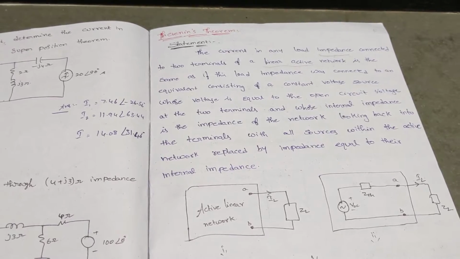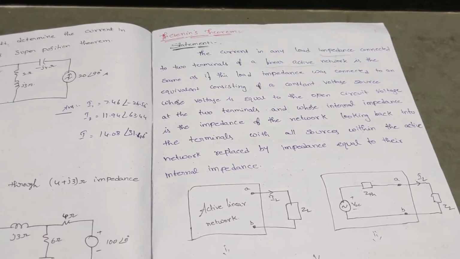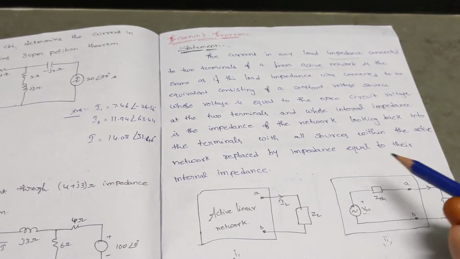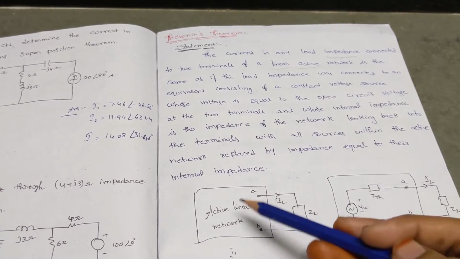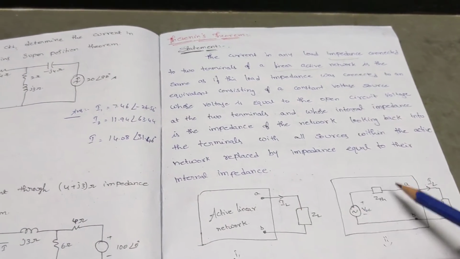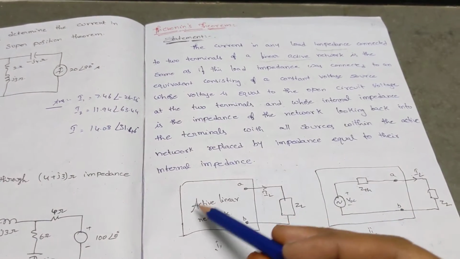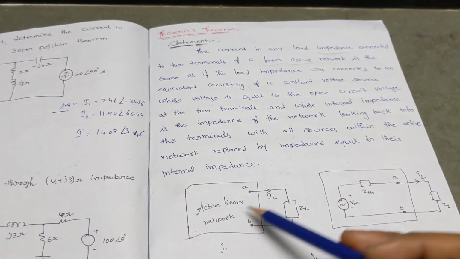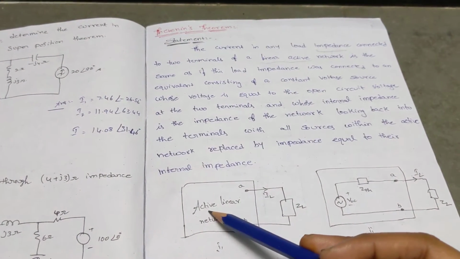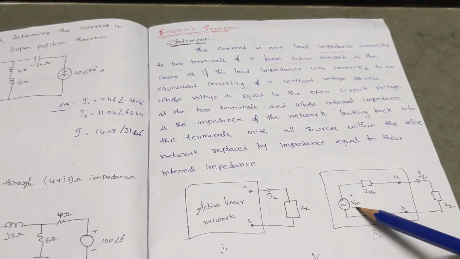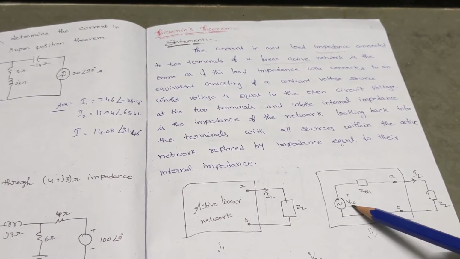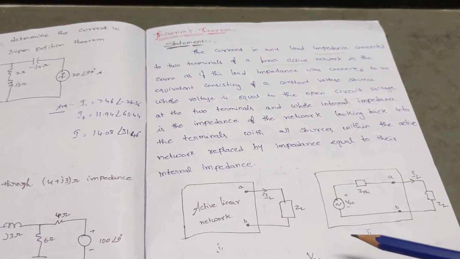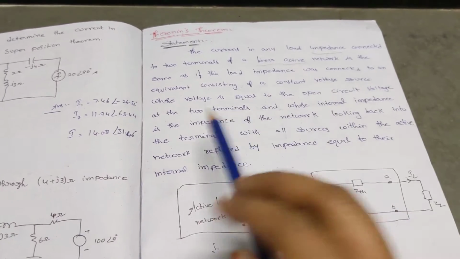But as per Thevenin's theorem, instead of considering the rest of the circuit as a complete active linear network, we replace it with an open circuit voltage, VOC, which we also call Thevenin's equivalent voltage.